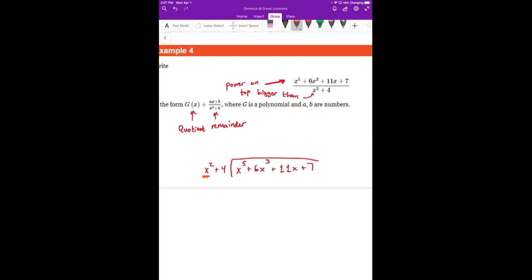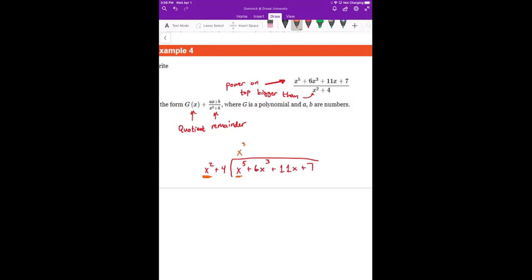So this is almost like we want to do sort of reverse factoring, right? So I want to think about how many times does x squared go into x to the 5th, this first term here? Well, or what would I need to multiply x squared by to get to x to the 5th? Well, I would need an x to the 3rd, right? And if I multiply x squared times x to the 3rd, I would get x to the 5th.